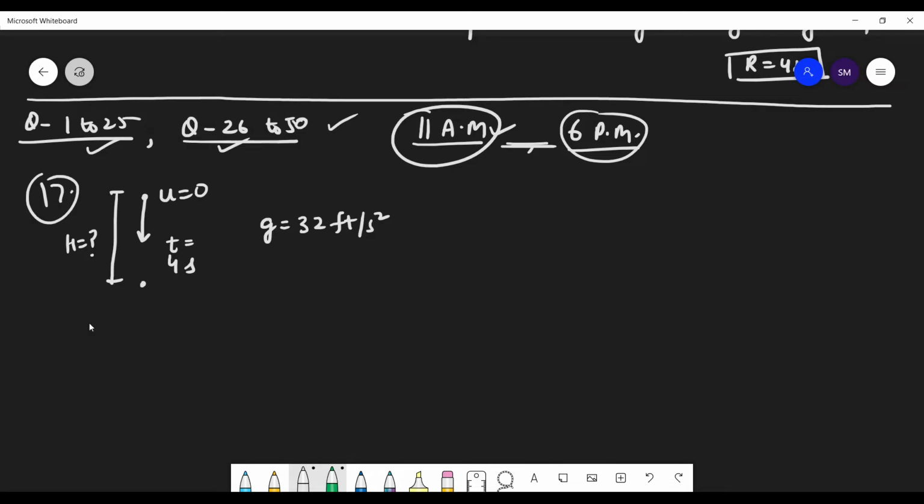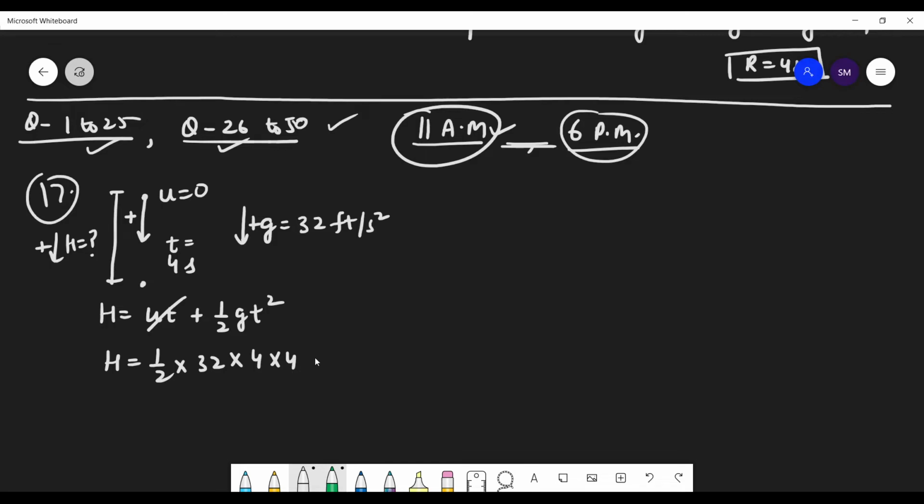So simple formula, downward motion. So the direction of downward motion we take positive. So this is positive, and g is also downward, that will also be positive. And we have the formula, h is also downward, this is displacement, that is also positive. So h is equal to ut plus half gt square. So u is 0, so this term will cancel out, and you will have h is equal to half into g, which is 32, and time is 4 seconds, so 4 into 4.